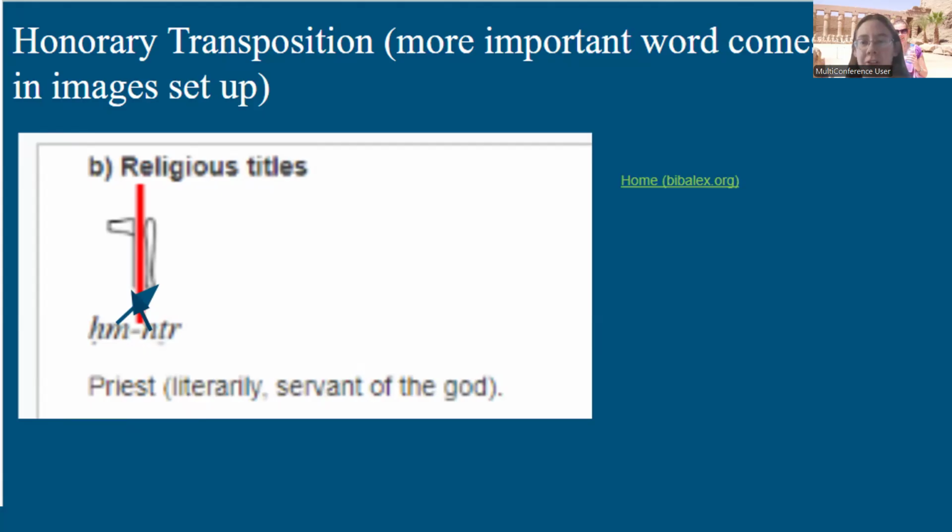So this is also a screenshot from Step by Step, and it has an honorific transposition that you see a fair amount, which is one of the terms for priest in ancient Egypt, hem-netjer.